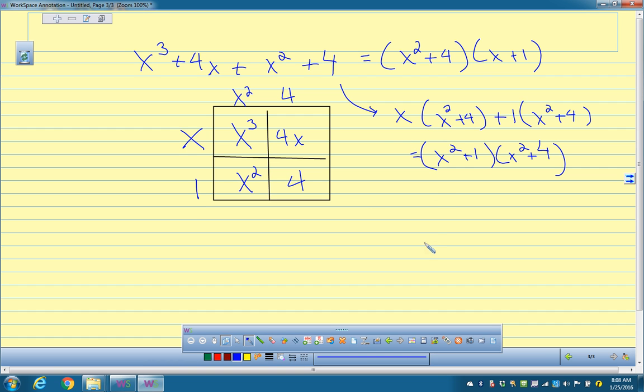Then I have it, right? So this becomes x squared plus 4 times x plus 1 times x squared plus 4. Sorry about that. The highest thing I could have pulled out of these two is an x, not an x squared. And you end up with the right thing.